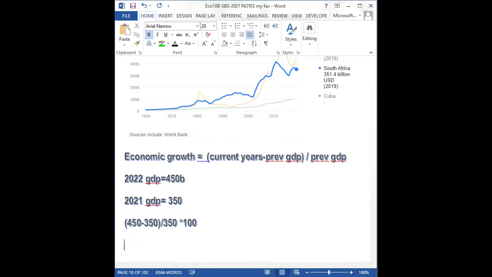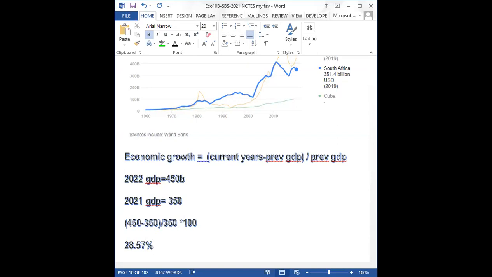That 100 divided by 350, then multiplied by 100, gives growth of 28.57% in percentage terms. All right, so that is how you measure economic growth.